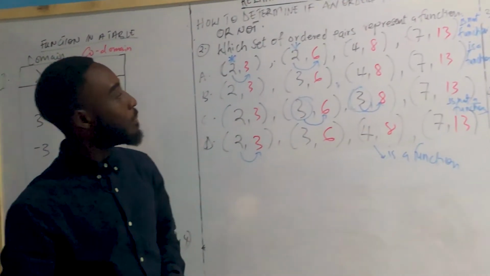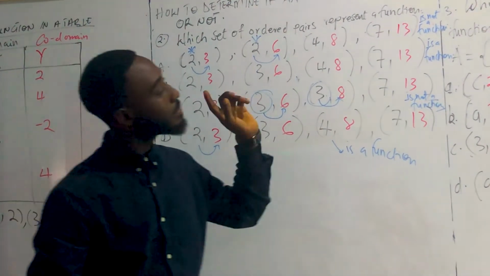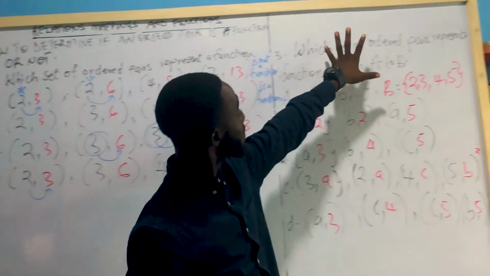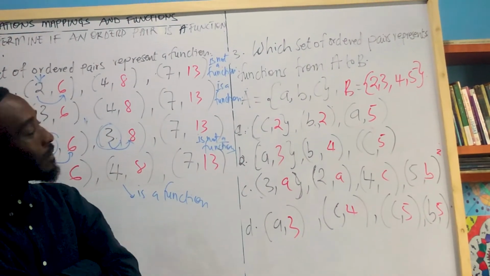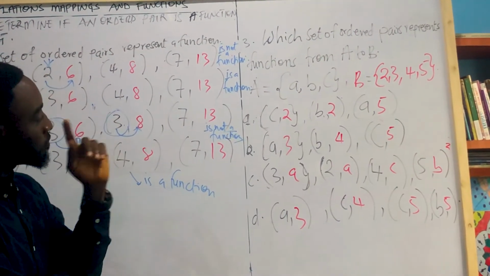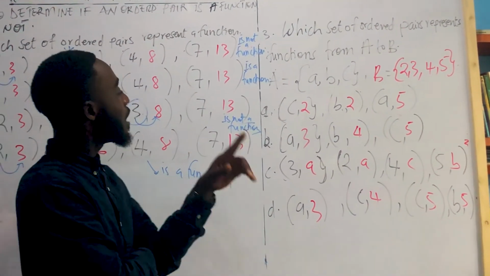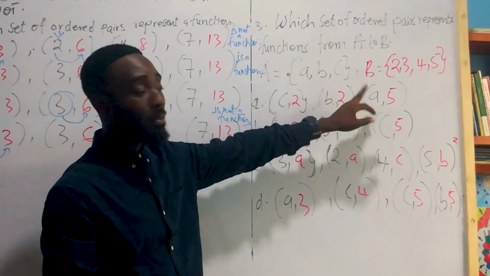Okay, this applies to how we're going to answer this third one as well. Which set of ordered pairs represents functions from A to B? A has a set of members in the domain: a, b, and c. The codomain has 2, 3, 4, and 5. So c maps to 2, b maps to 2, a maps to 5.